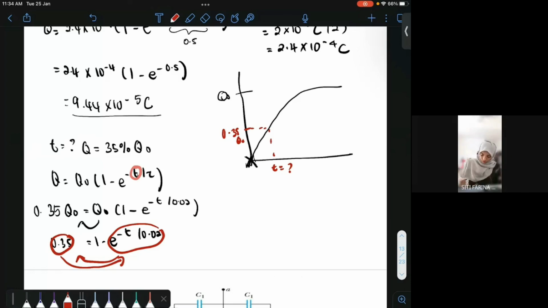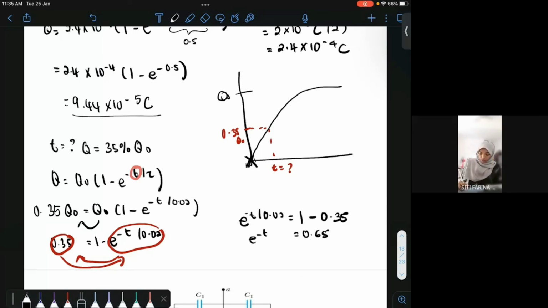So you're going to end up with exponent T over 0.02. Sebab apa? Sebab dekat sini dia negatif, betul tak? So kita bawa dia ke kiri supaya kita boleh positifkan dia. And then equals to, satu tak tukar. And then kita bawa 0.35 ni ke kanan. Positif jadi negatif minus.